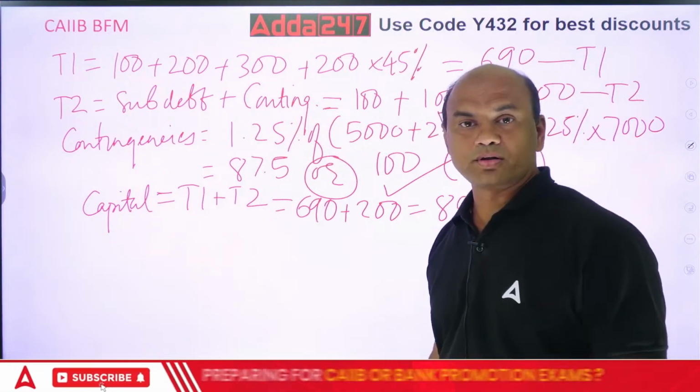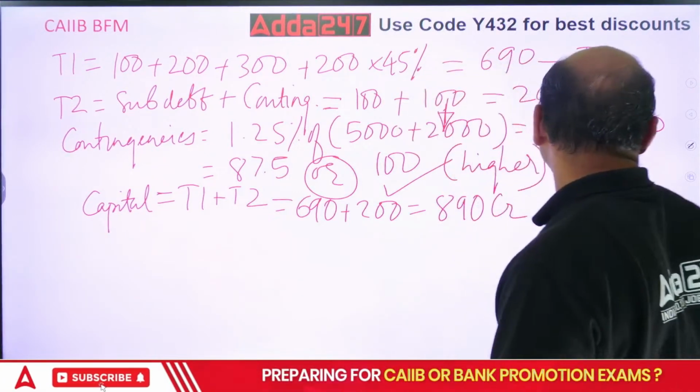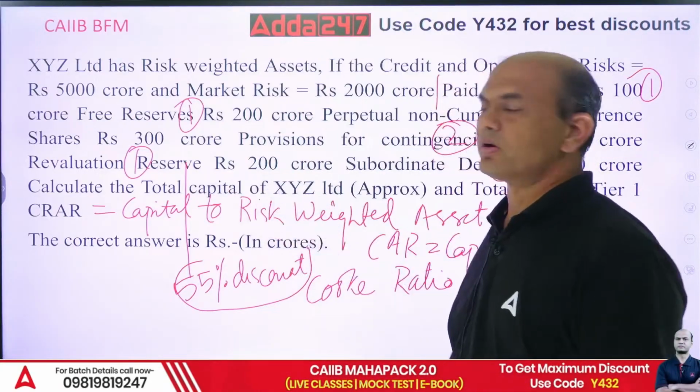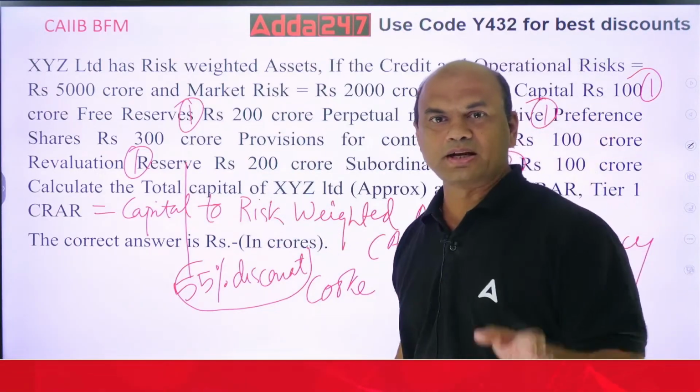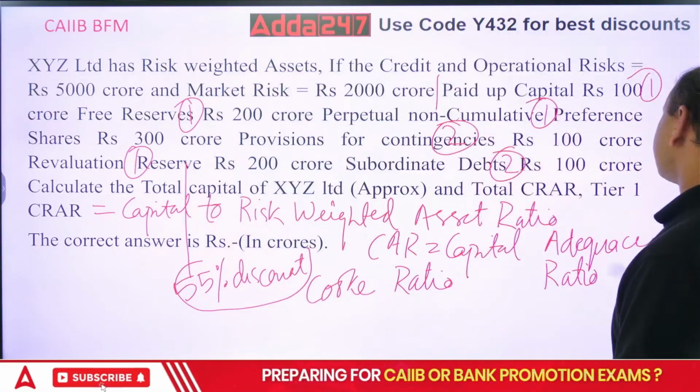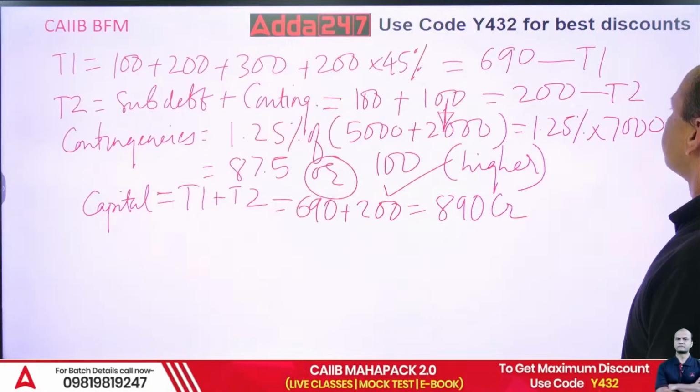Now what do I want? See, I have 3 questions over here. Total capital of XYZ bank, so that is 890. Second is total CRAR. Now what is the formula for CRAR?